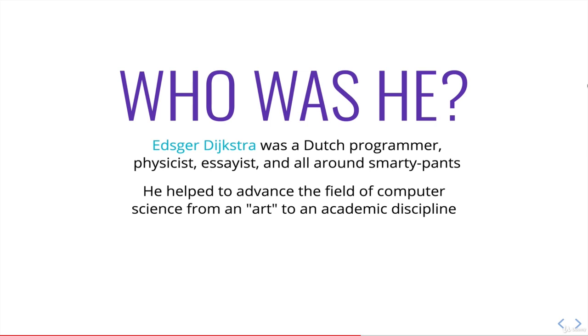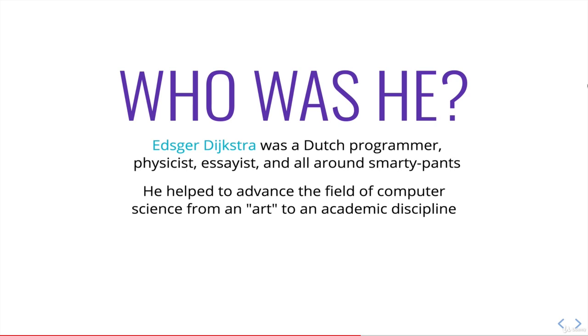He helped to advance the field of computer science from what was, at the time, more of a burgeoning art to the crazy academic discipline that it is now. He really established a lot of the academic rigor that's present in computer science. He came up with a bunch of papers, most of which are still cited today. I read some fact that out of the 30 most influential papers, he wrote 6 of them, I think. Something like that.